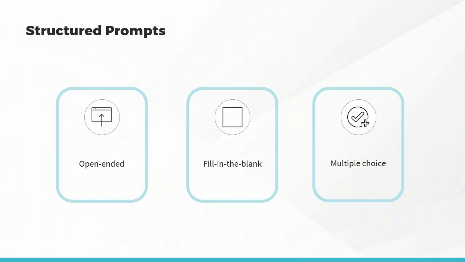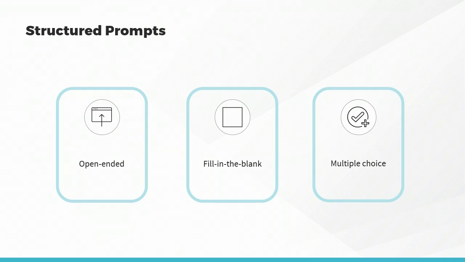Fill-in-the-blank prompts provide a sentence or paragraph with one or more missing words or phrases to fill in. For example, a fill-in-the-blank prompt from a bookstore chatbot could be, "My favorite author is," followed by a blank space. The user would then input the author name, and the chatbot would return a list of suitable book recommendations. Finally, multiple choice prompts provide a question or statement with multiple possible responses to choose from.